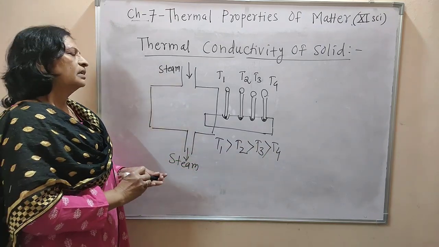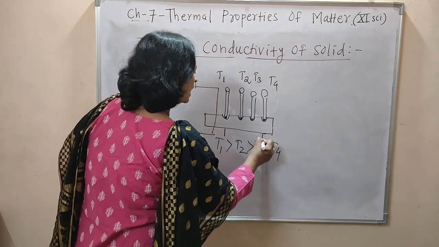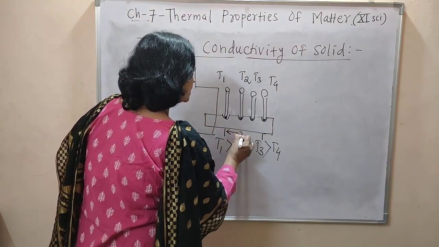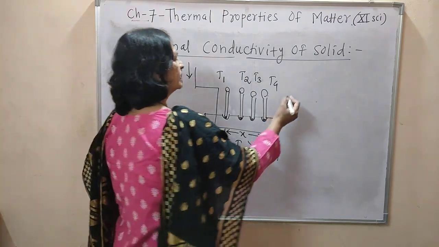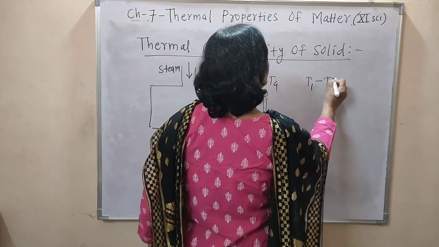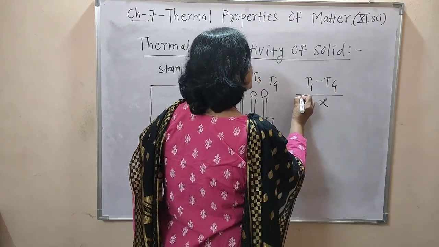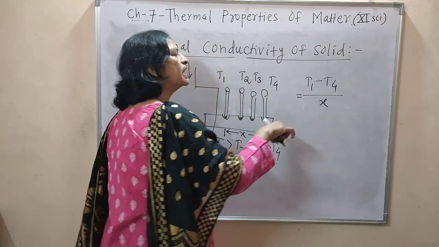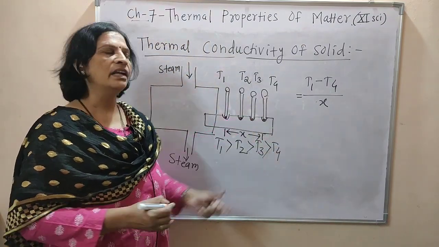Now suppose this distance is x, then the temperature difference T1 minus T4 over distance x is called the temperature gradient. We have to study the term temperature gradient.